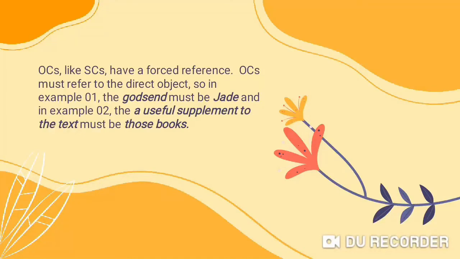For the previous examples, an object complement is like the subject complement. It has a forced reference. Object complements must refer to the direct object. So, in example number 1, the godsend must be Jade.